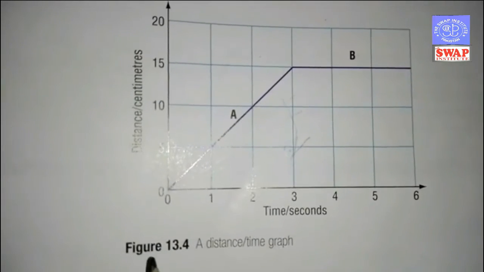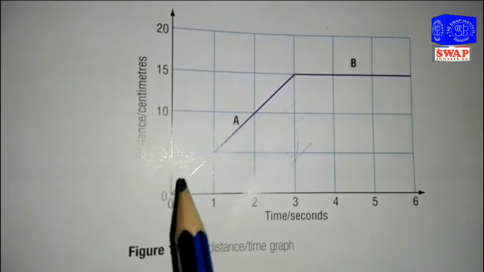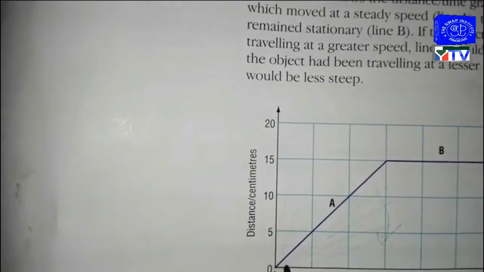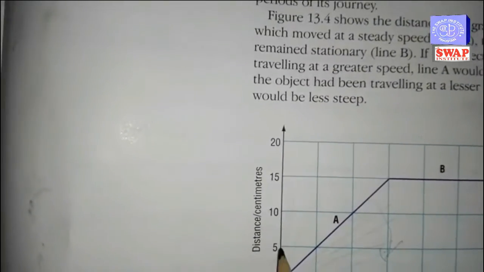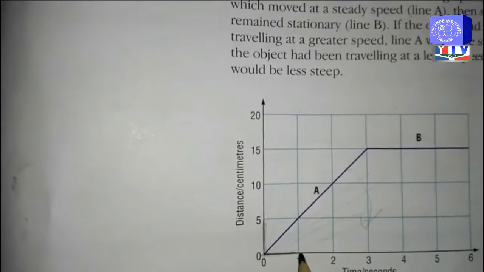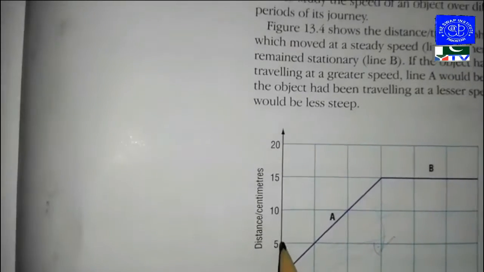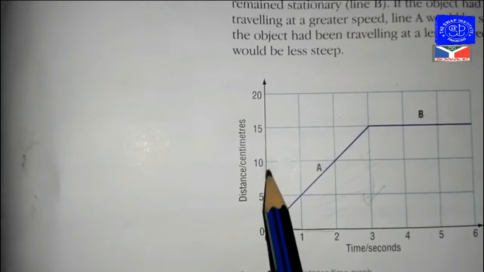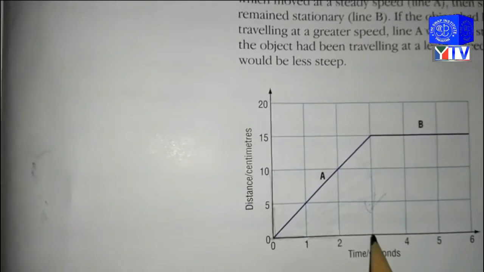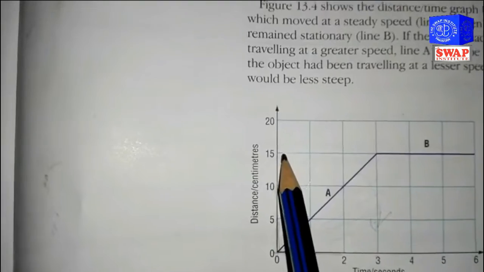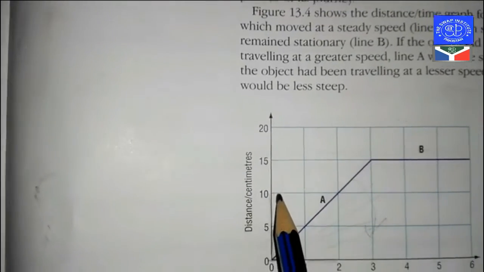In this figure, in 1 second the distance traveled by the body is 5 centimeters, and again in the next second 5 centimeters, and in the third second again 5 centimeters.